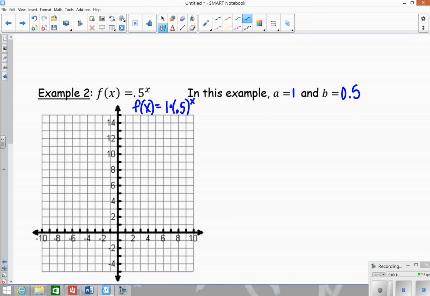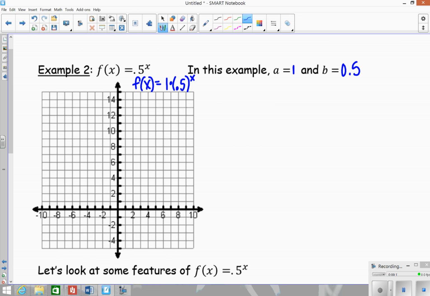So let's go ahead and get some values from our calculator. So I'm going to get a table here. Make sure you clear out the other graph or delete the other graph in your calculator. And you don't need many values, so just get maybe like 4 or 5 points to plot here.